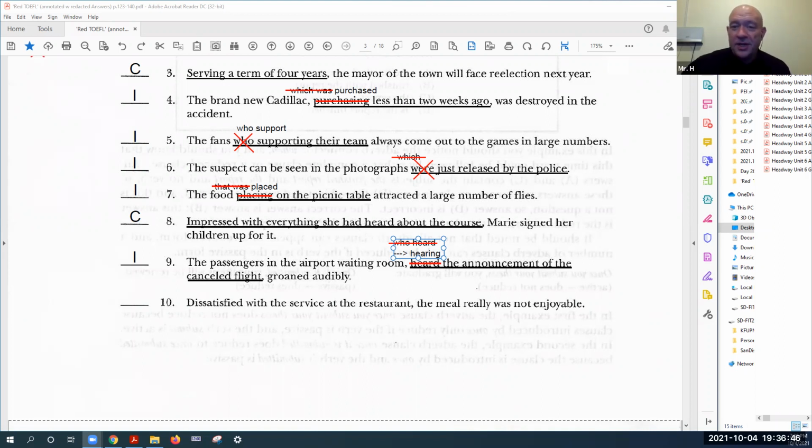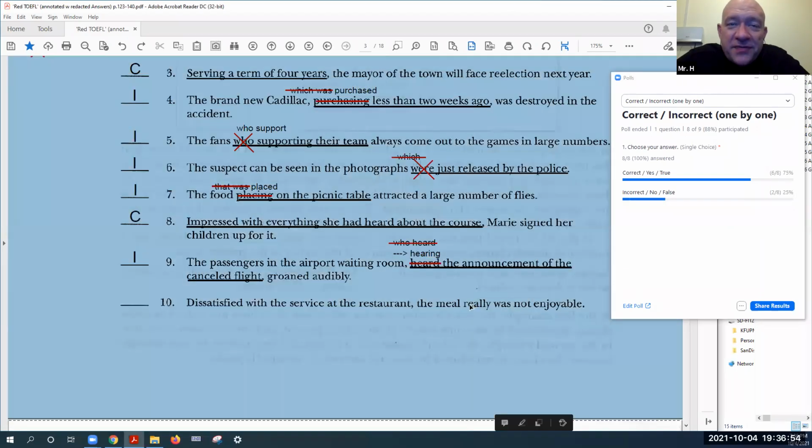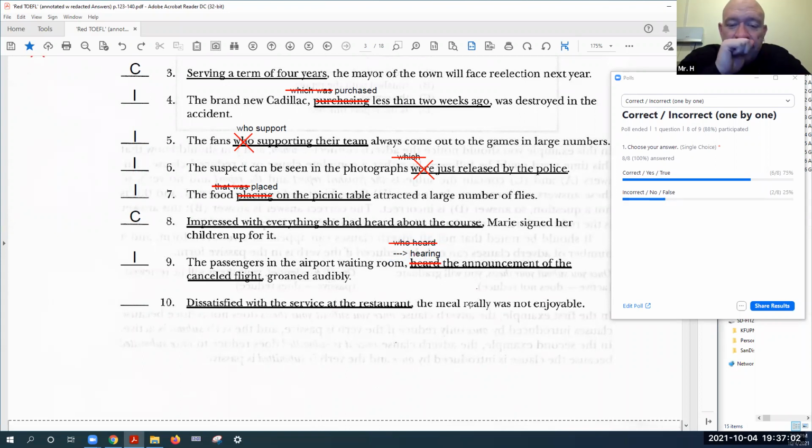Finished. Okay. All right. So, guys, where is the adjective clause here? Tell me. Find the adjective clause. "Dissatisfied with the service at the restaurant." From dissatisfied all the way to restaurant. Yeah. What does it describe? It describes the meal.